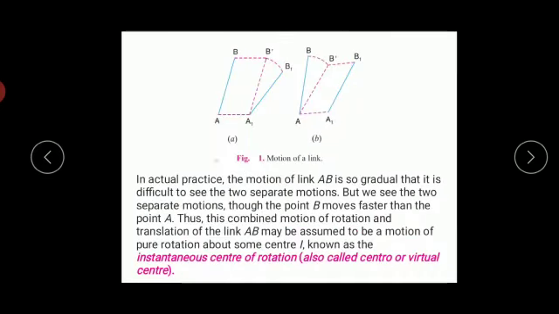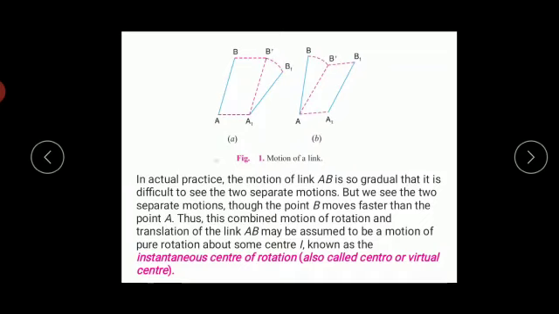Let's suppose we have one particular link, AB, which is shown in figure 1 here. As we can see from figure A, link AB will have two motions, translation and rotation, in order to achieve its final position A1 B1.